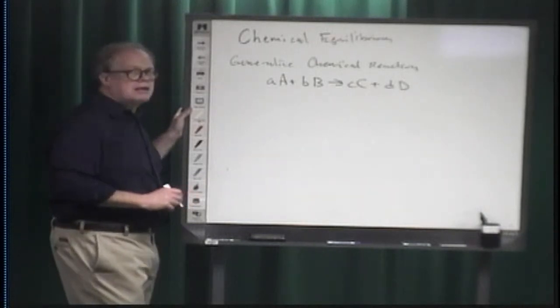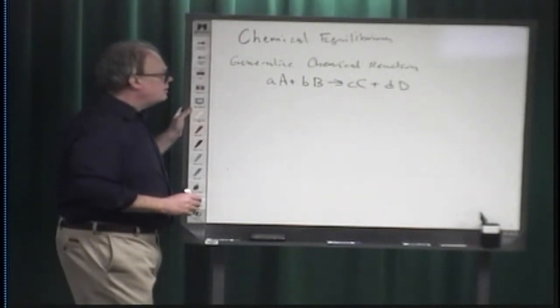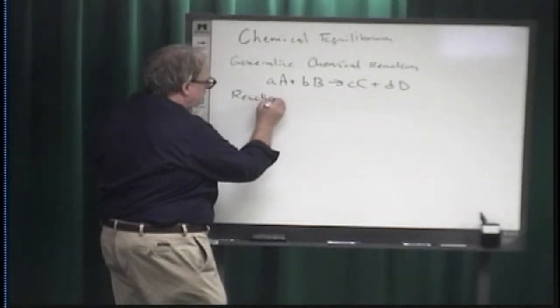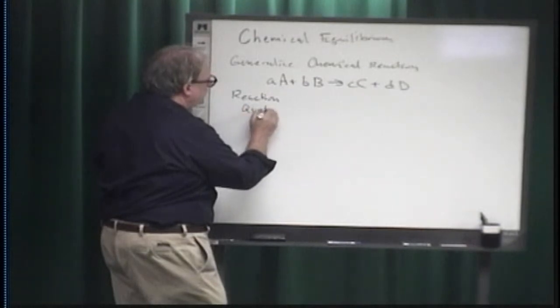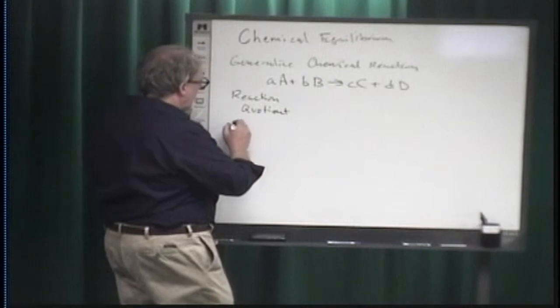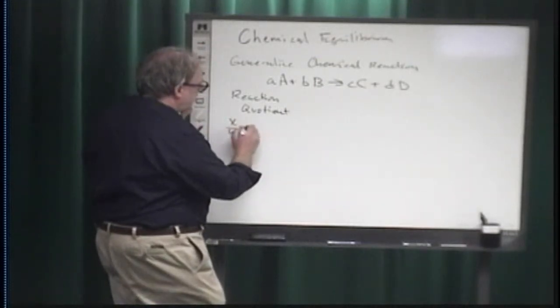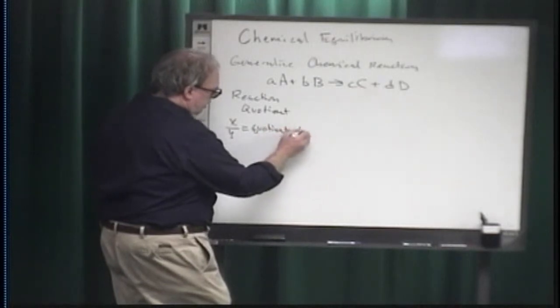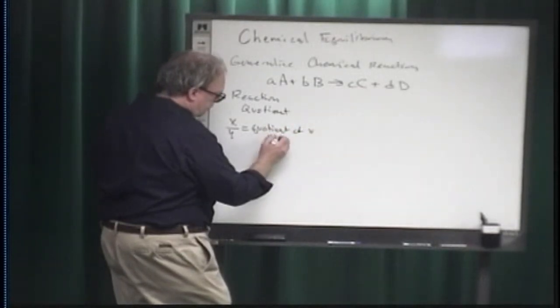equilibrium by writing an algebraic construct called the reaction quotient. Okay, as you know, if you have x over y, that's the quotient of x divided by y.